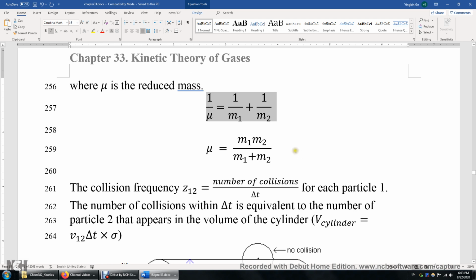Now we can calculate the collisional frequency, this lowercase z12, for each particle of type 1. What's the definition? It's the number of collisions this particle undergoes within this time period, delta t.